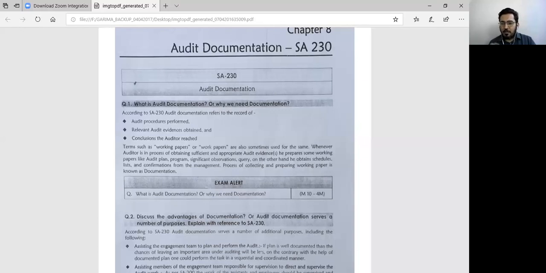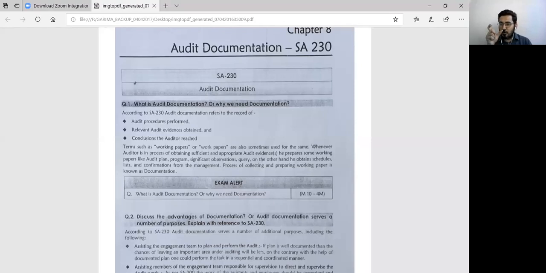If you hold a license, it is presumed that you are a valid driver. Similarly, in audit, if you have proper audit documentation, the authorities will believe that you have done a sufficient audit that was required in the given circumstances. That is the power that audit documentation has, and that is why it is said that audit documentation is the most important aspect of the audit.